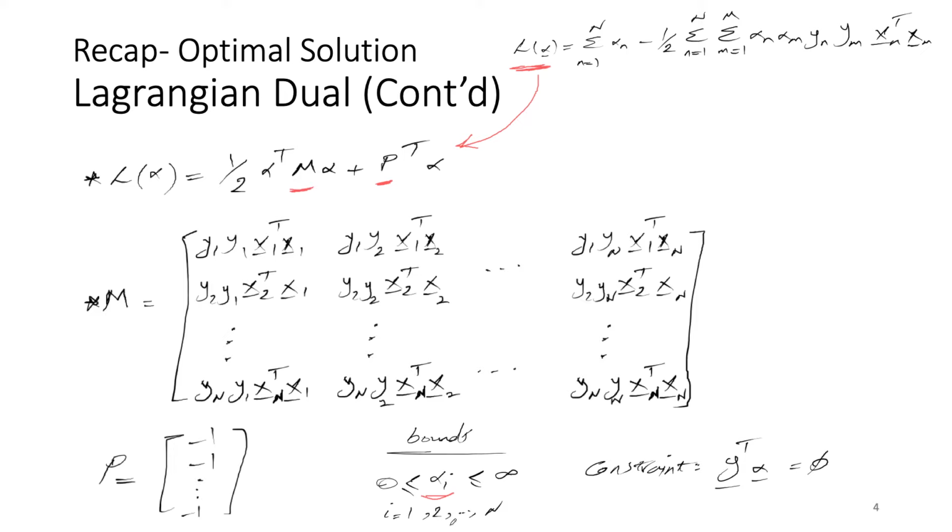So now that we defined this in the previous lecture, how are we going to use this in order to gain some advantages? Why do we need a dual form of SVMs?